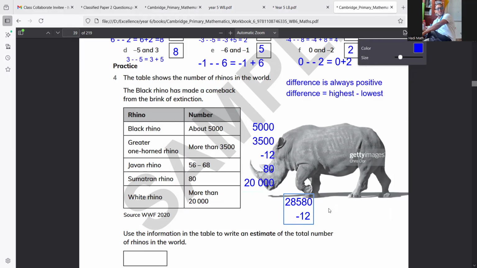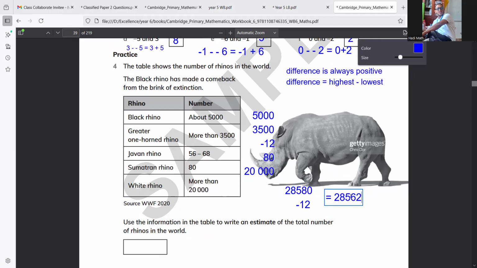It's going to be equal to 28,562. So when they ask you for all of it, you could say this number, 28,562.